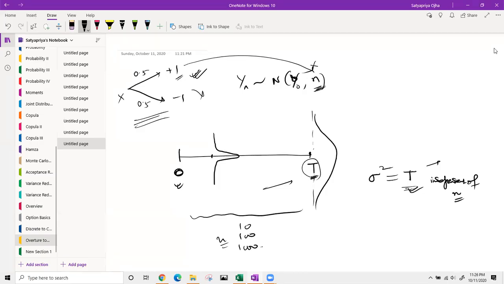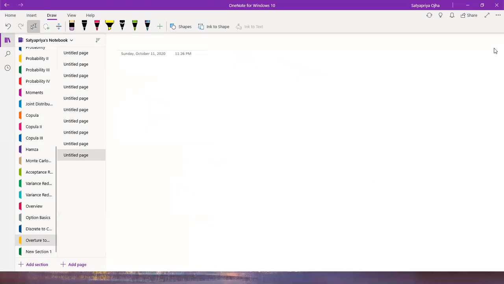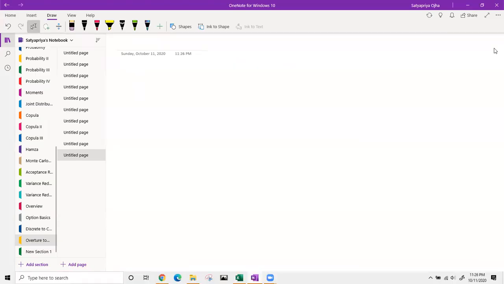So what we need to do is change this process: plus square root of t by n, minus square root of t by n.